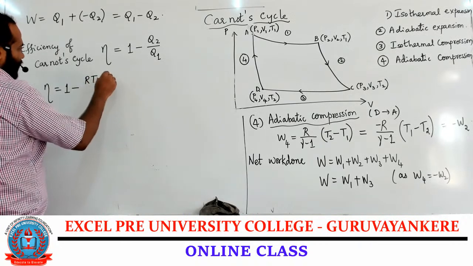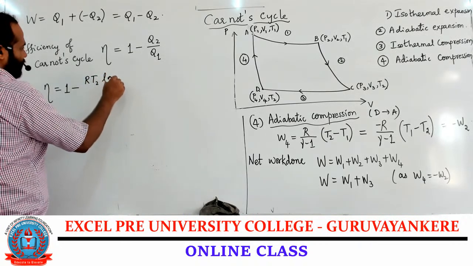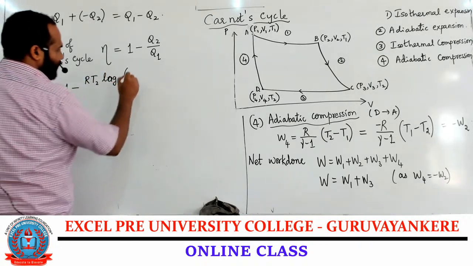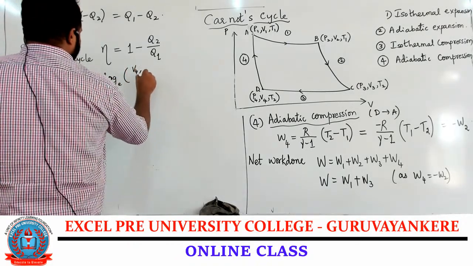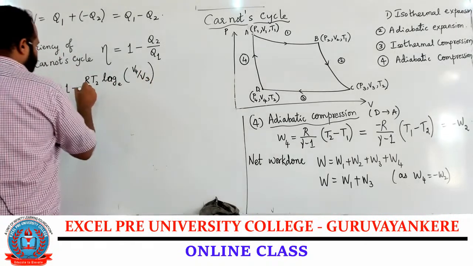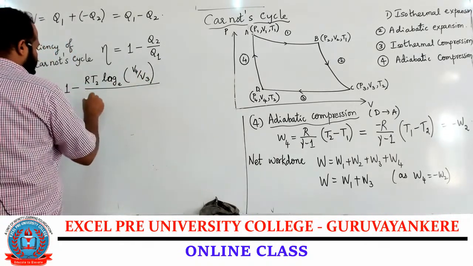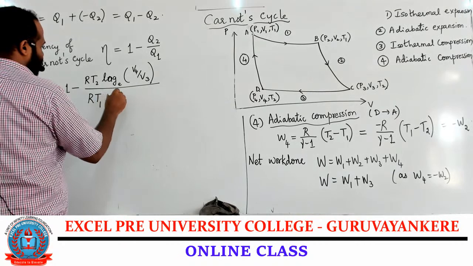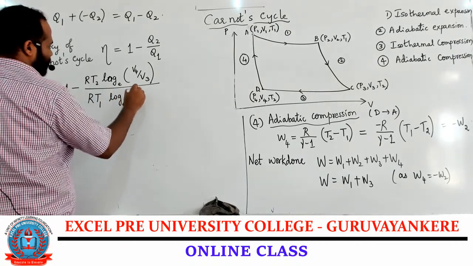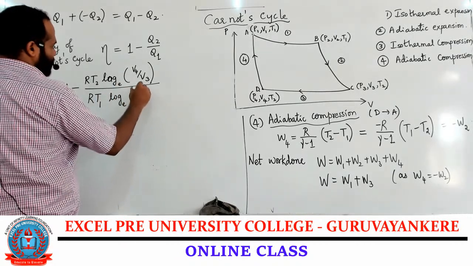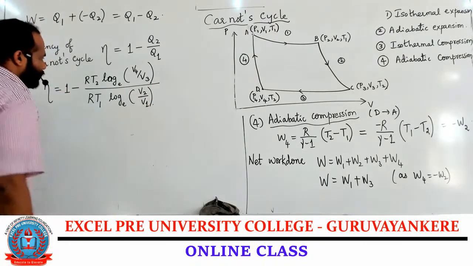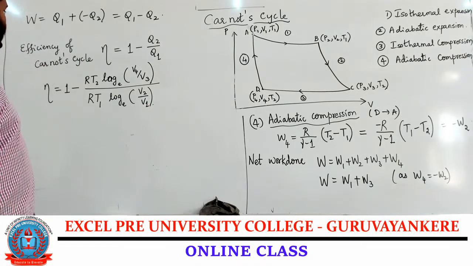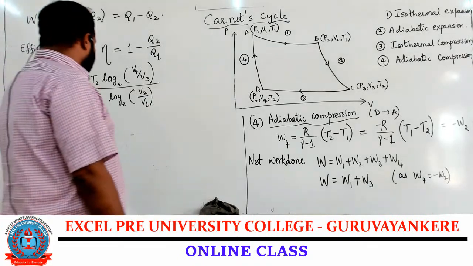So efficiency is 1 minus Q2, which is RT2 log to the base e of V4 by V3, divided by RT1 log to the base e of V2 by V1. Is that clear? This is the efficiency now.